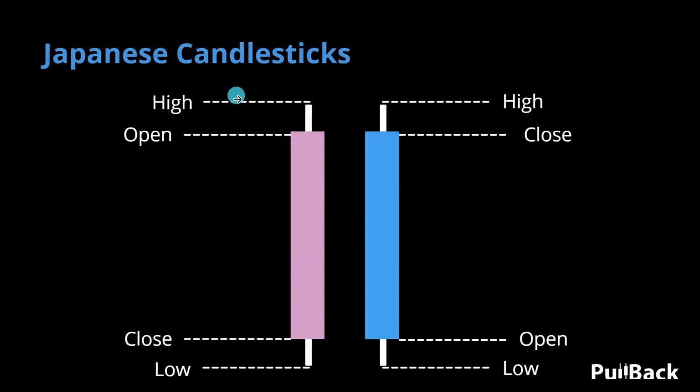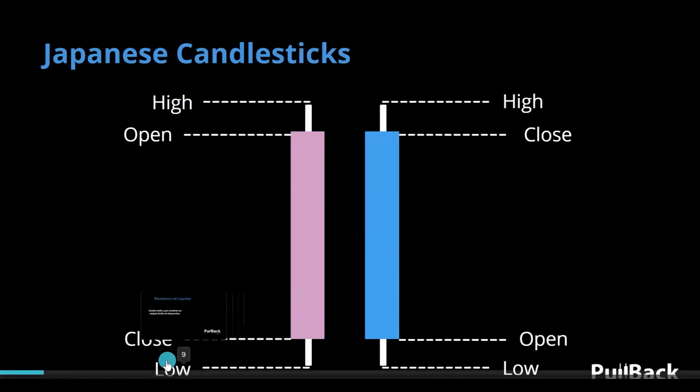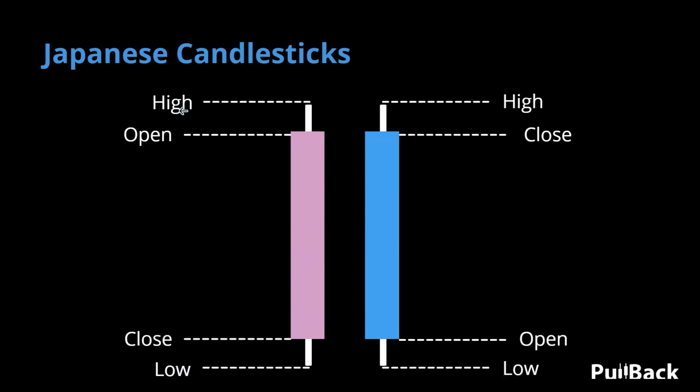Between those price points, we might have a high and also a low. The high will indicate the highest price during that trading day, and the low will indicate where the lowest price of that trading day was.